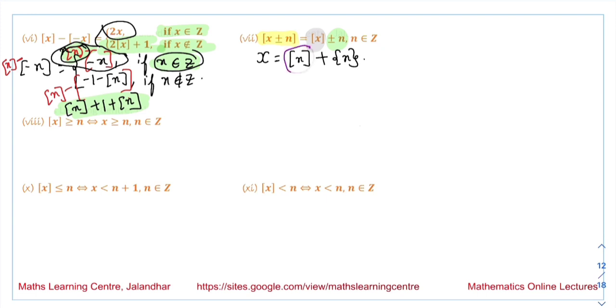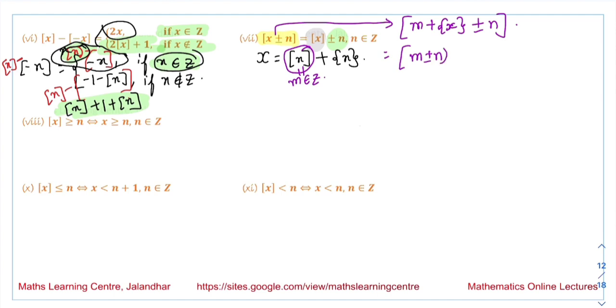Now suppose this number is m, and m belongs to Z. If we substitute this in the formula, we get m plus integral part of x plus minus n, which is equal to m plus minus n plus the fractional part of the number x.